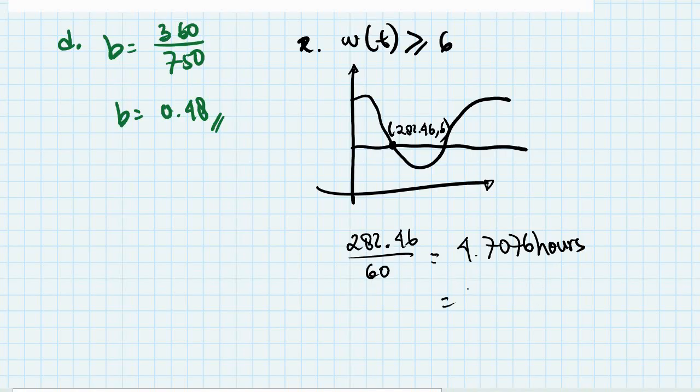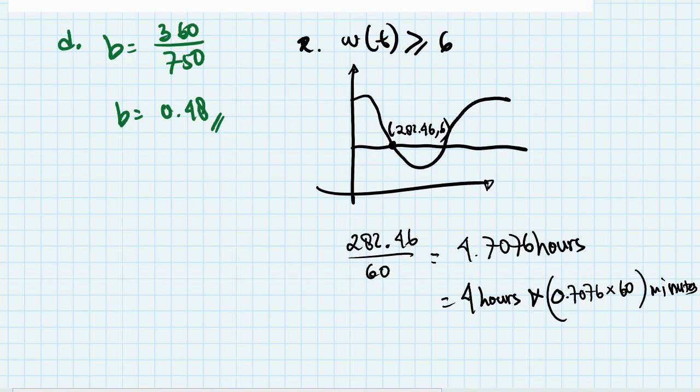This one means 4 hours. And how many minutes? 4 hours, 0.7076. This is in hours, 0.7076, we need to make it into minutes.